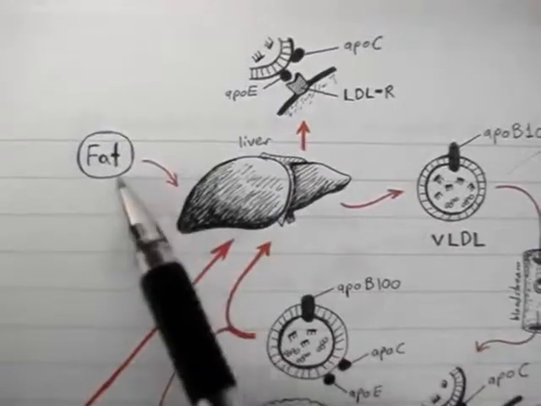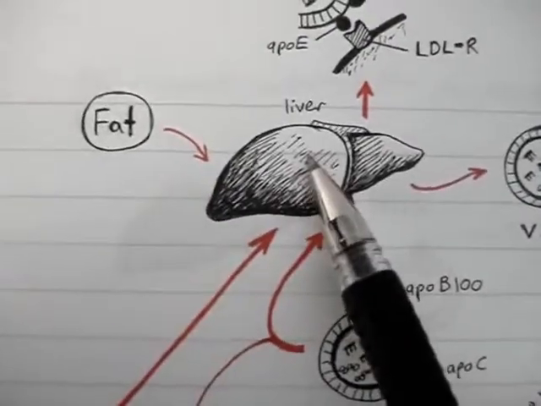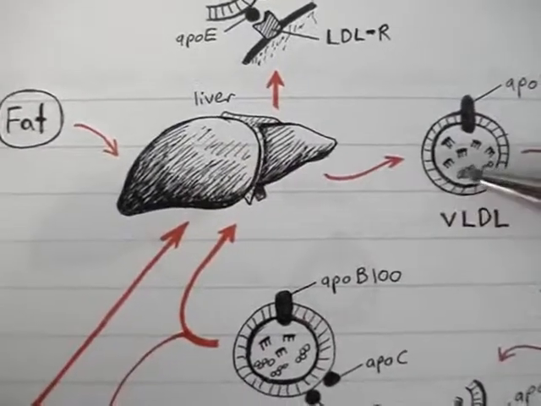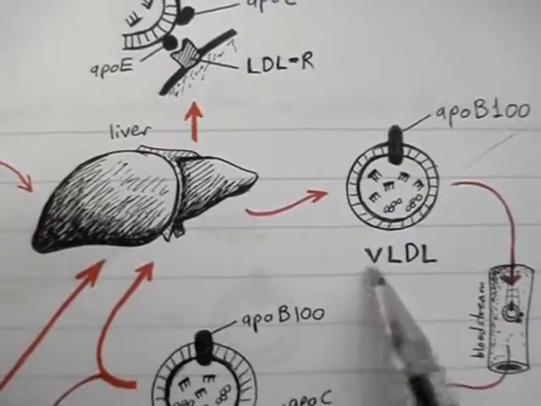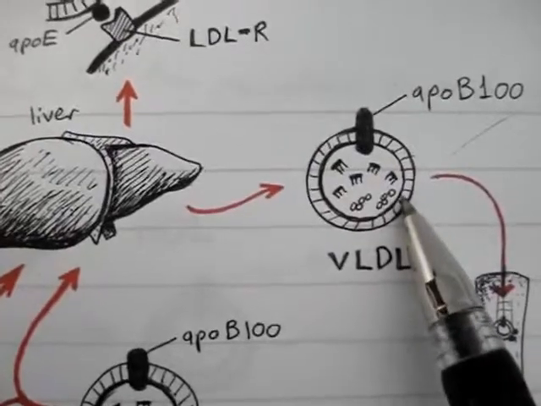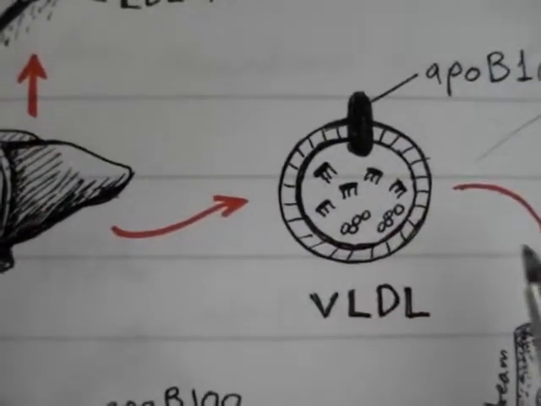So as you can see, when fat enters the liver, the liver is going to take that fat, utilize it, and release some of that fat in lipoproteins called VLDL, very low density lipoproteins. VLDL carries triglycerides and also cholesterol esters.